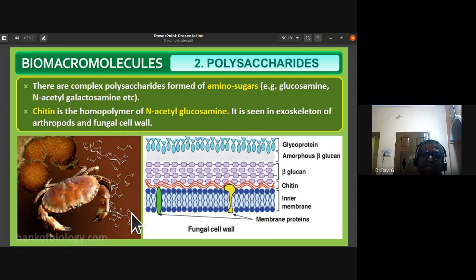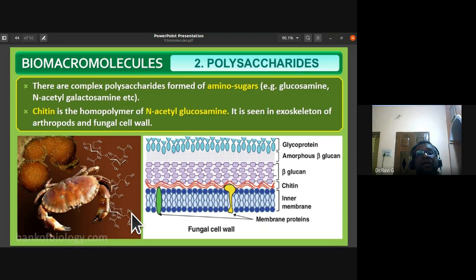There are also complex polysaccharides formed of amino sugars, like glucosamine. They have an amino group. Examples are glucosamine and N-acetyl galactosamine. They have this acetyl group.